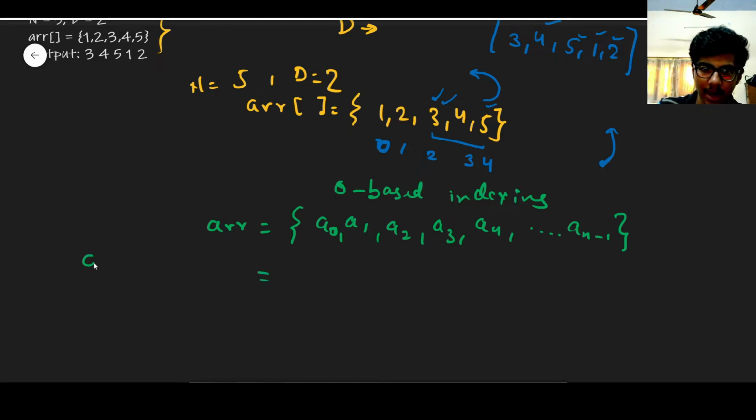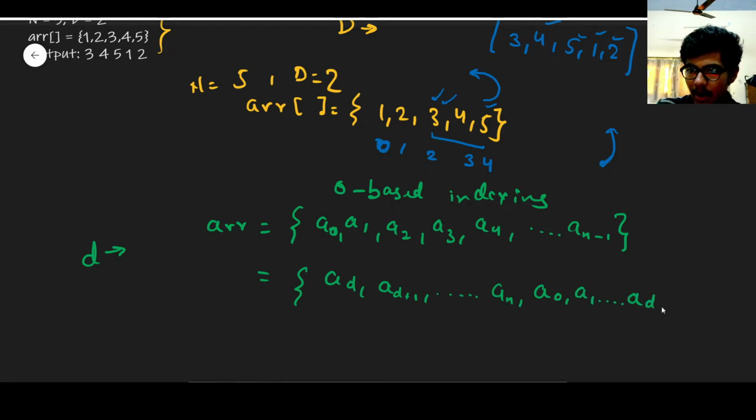For example, we have some d. So what will be the answer for that? It must be AD, then A of d plus 1, then going up to An minus 1. Then after that it will come out to be A0, A1, and then AD minus 1. I think this is all clear to you.